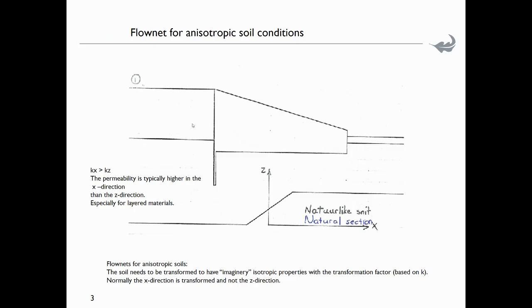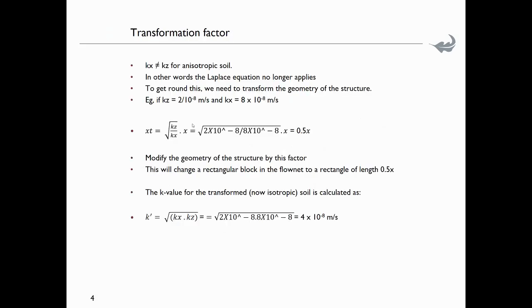Because now if we have imaginary isotropic properties, then the equations are valid again. So Kx is not equal to Kz for anisotropic soil. In other words, the Laplace equation no longer applies. To get around this, we need to transform the geometry of the structure so that we can do a graphical flow net exercise.